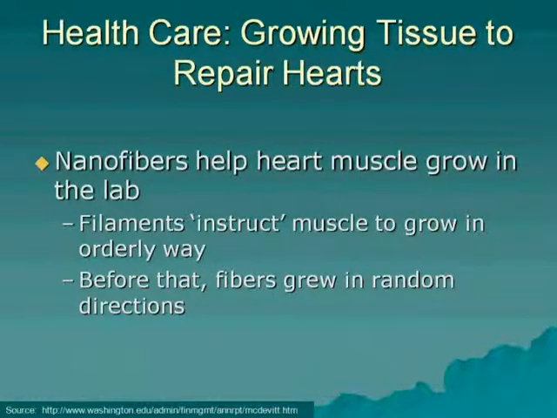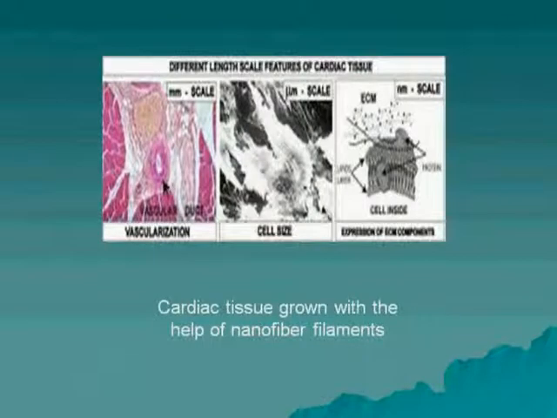Nanofibers help heart muscle grow in the lab. Filaments instruct muscles to grow in an orderly way, not in random directions. Cardiac tissue also grows with the help of nanofiber filaments.